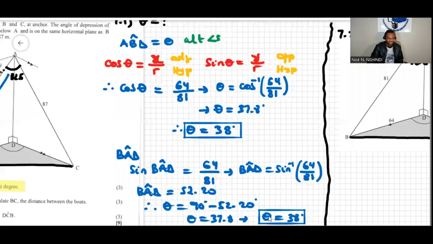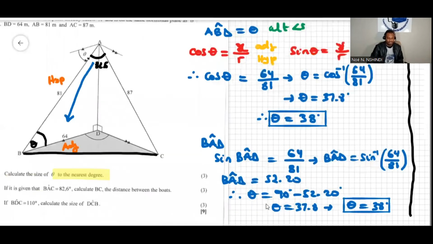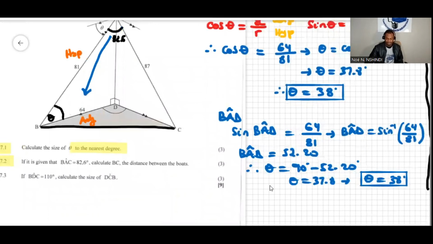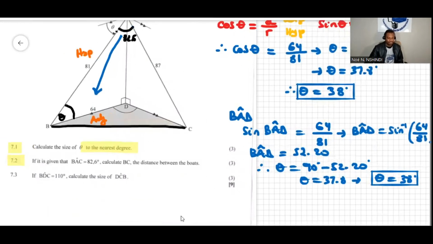The following question is 7.3. It says: if BDC is equal to 110 degrees, calculate the size of BCD.